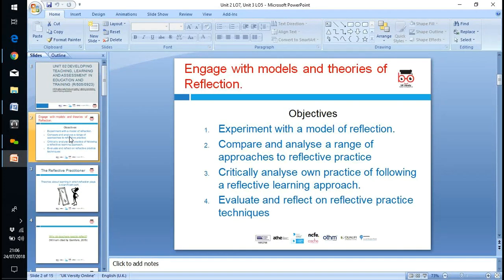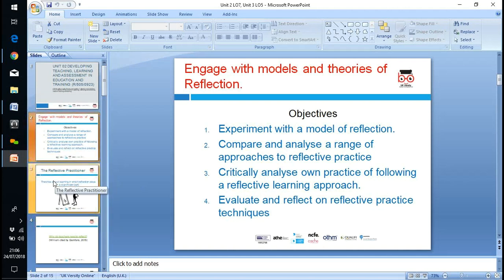Engage with models and theories of reflection. Experiment with a model of reflection. Compare and analyse a range of approaches to reflective practice. Critically analyse your own practice following a reflective learning approach, and evaluate and reflect on the reflective practice techniques.